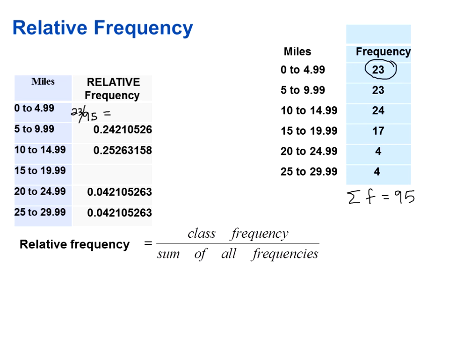There probably should be another column on here so that you can write down the percentages. If you take 23 divided by 95, you get about 0.24. I'm not going to put as many places after the decimal. StatCrunch gives you all these values after the decimal.